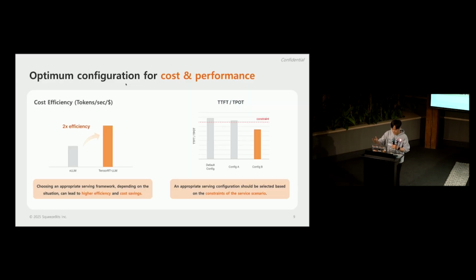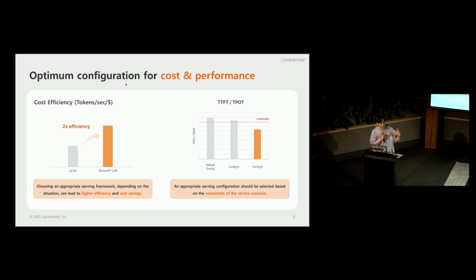So, as I mentioned, for some workloads, using vLLM would not be good. Instead of vLLM, if you change to a TensorRT-LLM engine serving framework, then you'll get like 2x cost efficiency. Sometimes in your workload, time to first token, or TTFT latency, is the major priority, and sometimes TTFT is not that important.